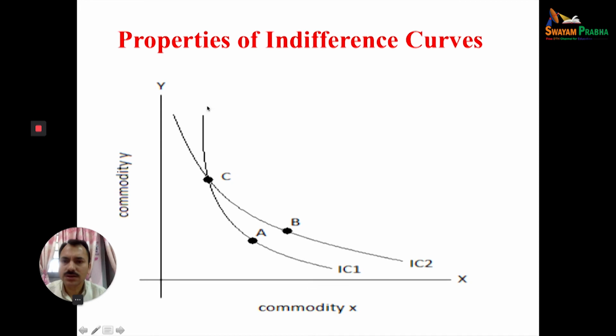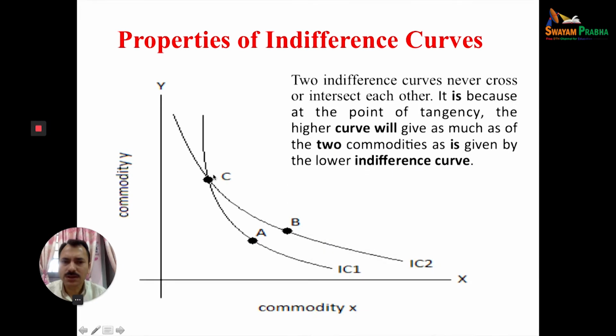Indifference curves neither cross nor intersect each other like this. This is against the property of indifference curves. Why does this happen?